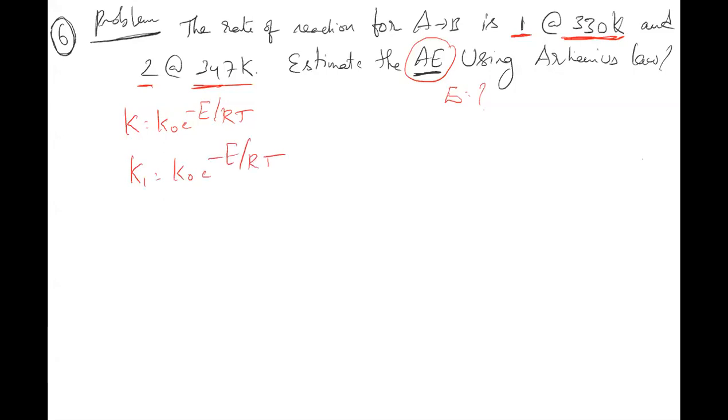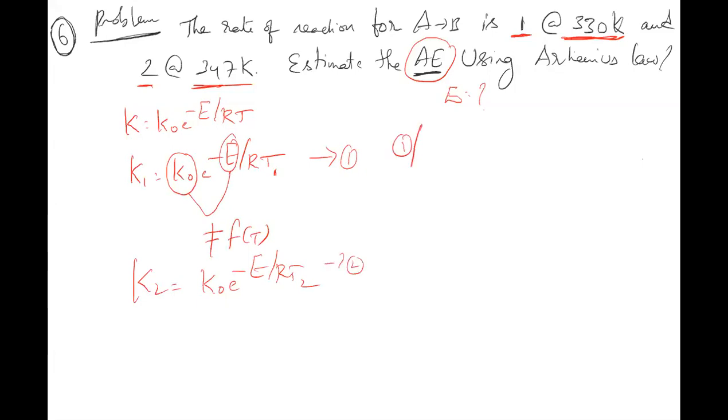Your activation energy and pre-exponential factor do not depend upon temperature; these are not functions of temperature. So K2 is K naught into e power minus E by RT2. This is let's say 1, this is let's say 2.